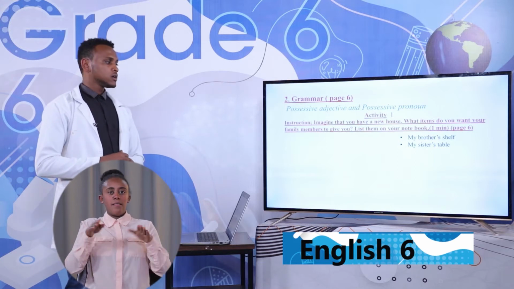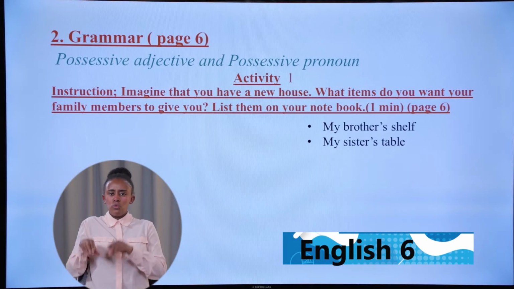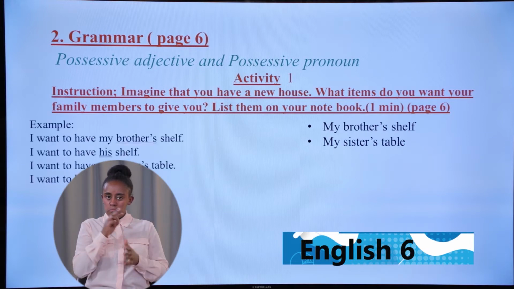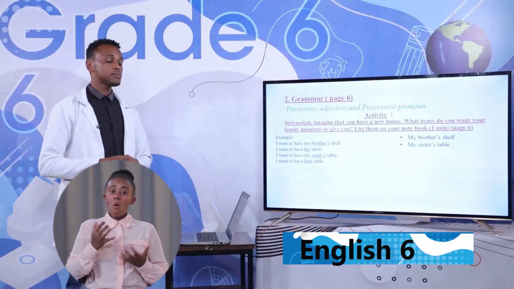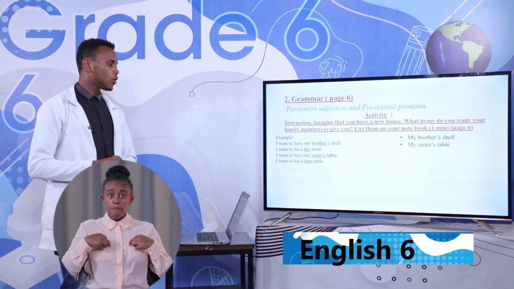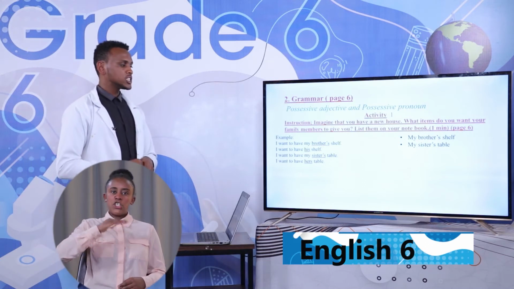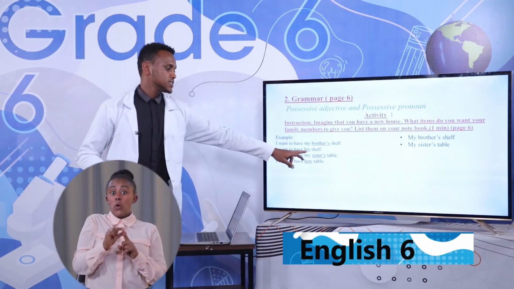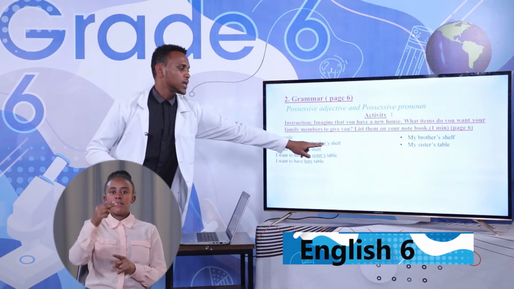Students, pay attention to how I express my wants. Look at the examples. I want to have my brother's shelf, or I want to have his shelf. The word his here replaces brother's.